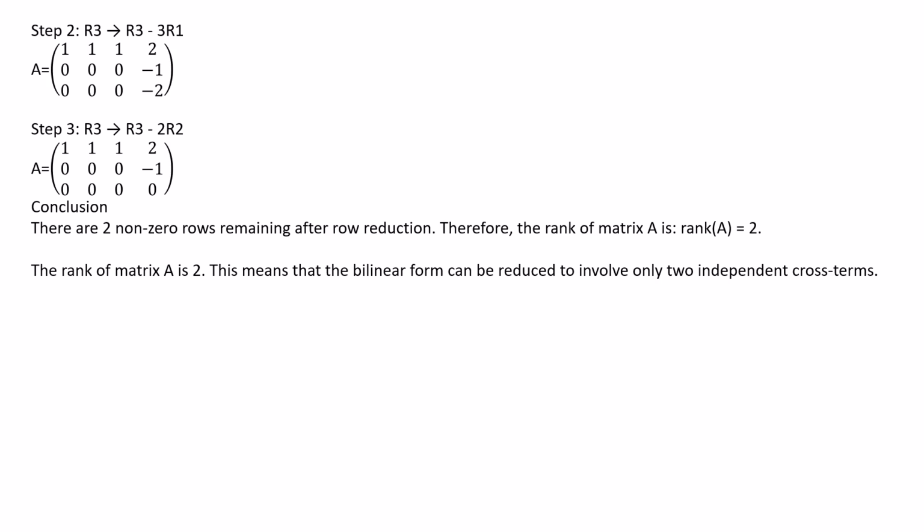So the rank of matrix A is 2. This means that the bilinear form can be reduced to involve only two independent cross terms.